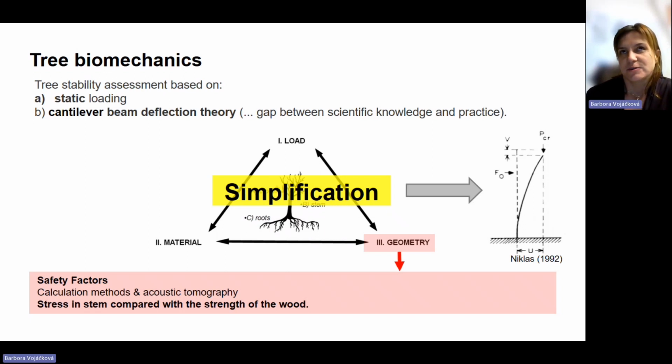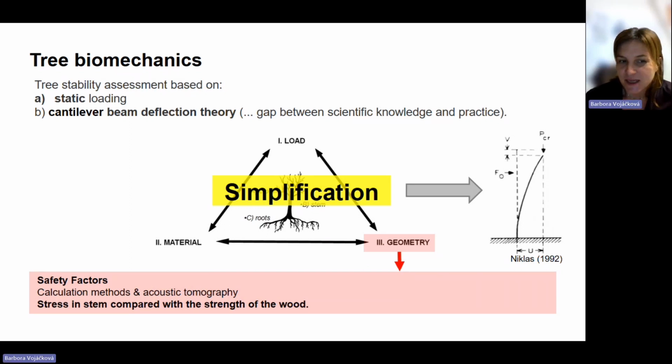Commonly we use safety factors, because people like numbers, and especially the tree managers really like to know if the tree is safe or not. So it's very popular to use the safety factor, which tells us if the tree is safe enough or not.